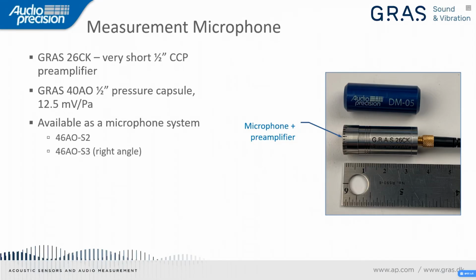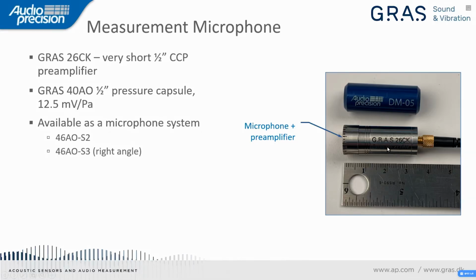One of the most common ones that would typically be used for this application is called the Type 40AO, half-inch pressure cap, and it has a nominal sensitivity of 12.5 millivolts per Pascal. Now for use with this capsule, you need a preamplifier, and Grass has a very nice short preamplifier for this application. Now the two are shown in this picture to the right here.